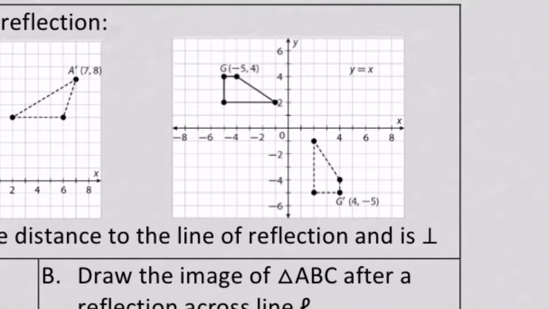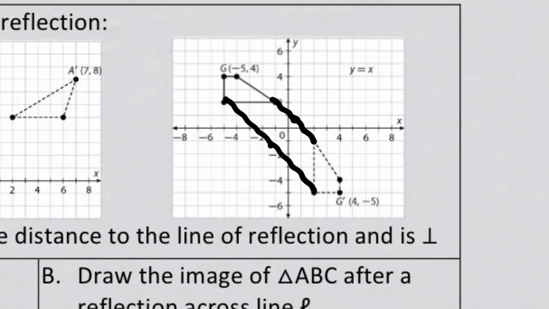If I connect those 2 points, I got a squiggly line, because for some reason my stylus won't draw a straight line right now. So you can kind of tell that the midpoint is right about here. And if I do the same thing for 2 other points, let's say these 2 right here, which again gives me a squiggly line, I can see that the midpoint is somewhere around here. So you can connect those 2 midpoints to create your line of reflection.